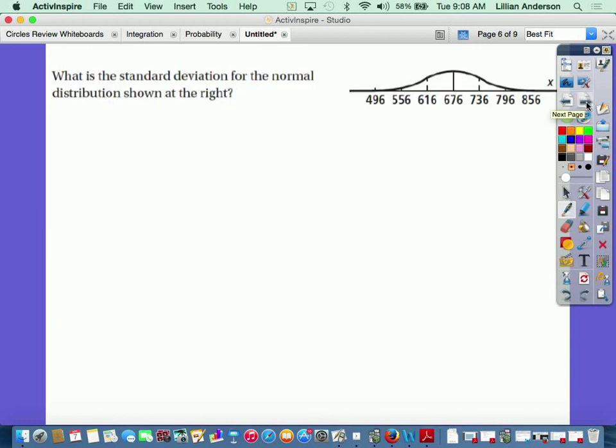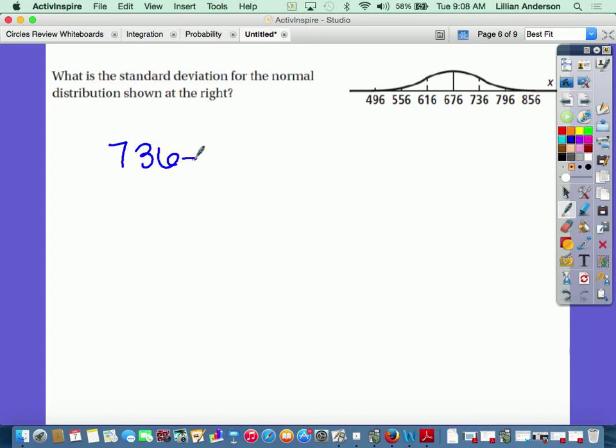Here's another one. It says, what is the standard deviation for the normal distribution shown at the right? Yes, 60. How'd you get that? You can either take the median and subtract it from 616, or you can take 736 and subtract it. From what again?